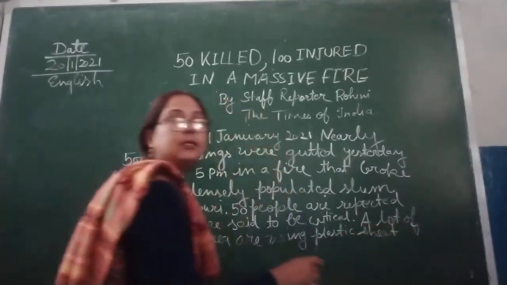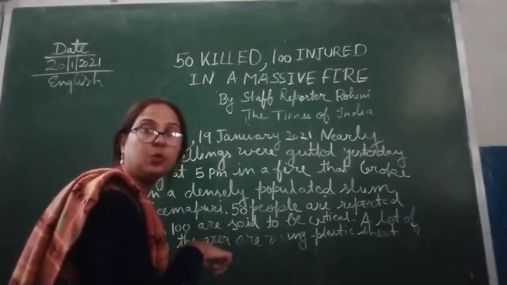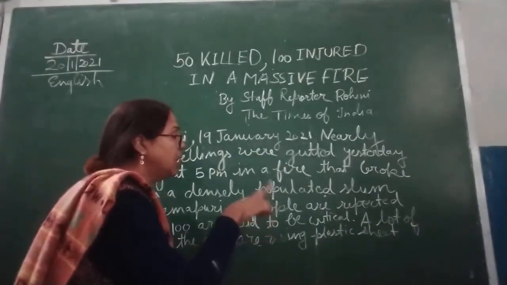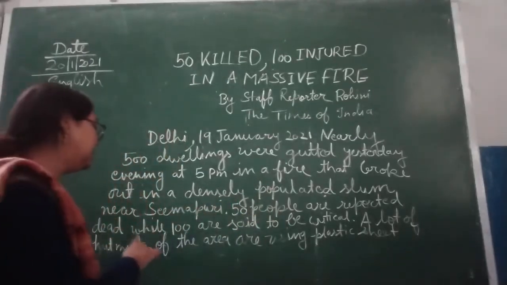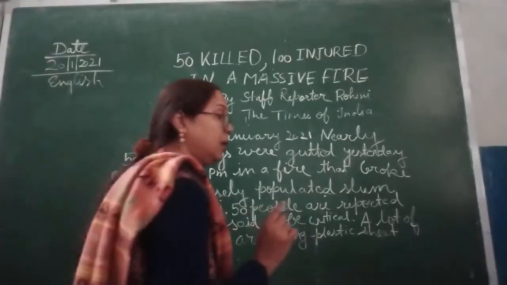And now here you can see, children, you are giving the cause also, why it happened. So you are giving the cause because a lot of hutments of the area are using plastic sheets. That is why it caught fire.